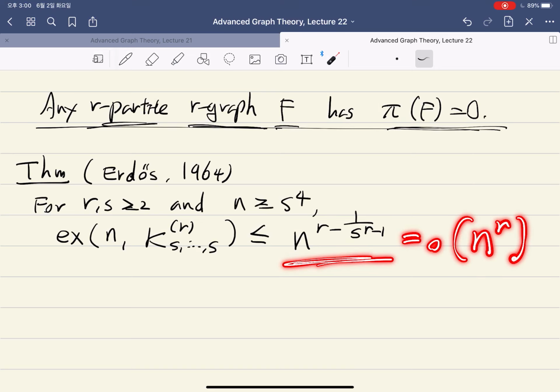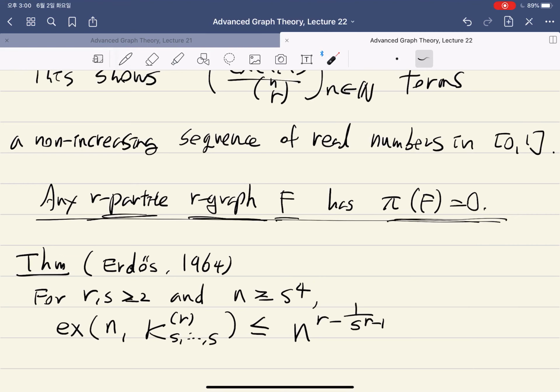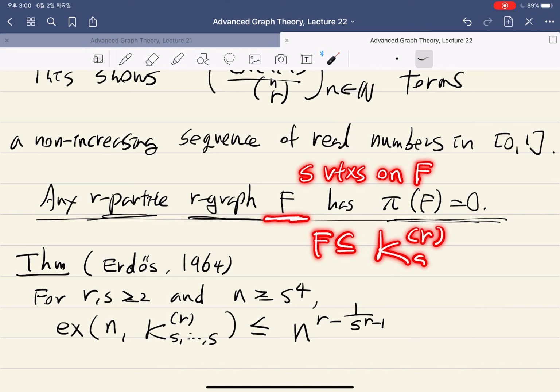So if this is true, then for given F, which is an R-partite R-graph with say s many vertices, this is a subgraph of some complete R-partite graph on R parts, and each of them has S vertices.